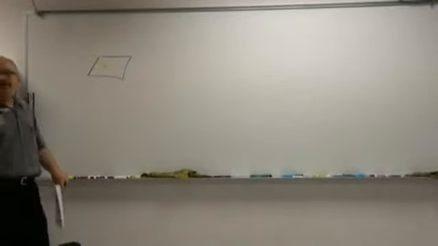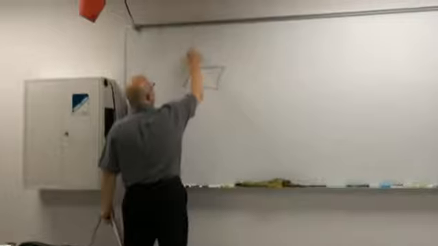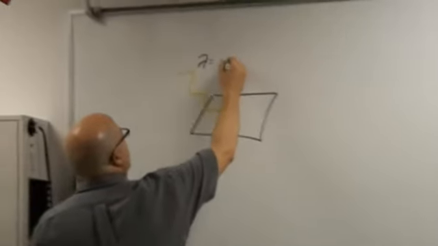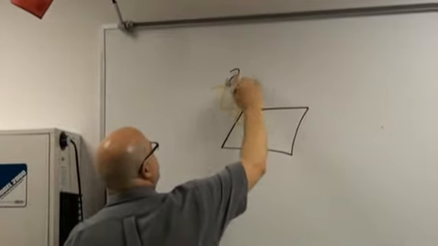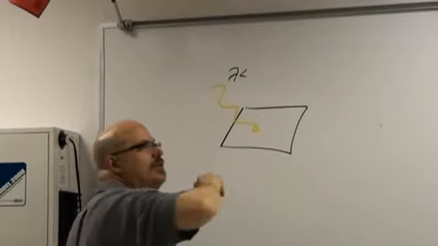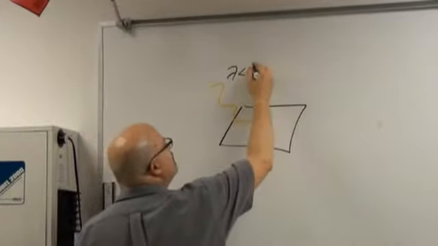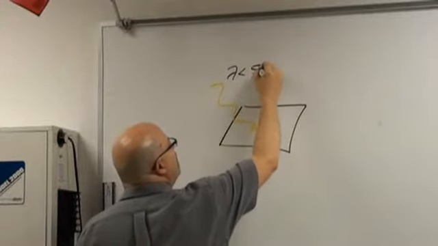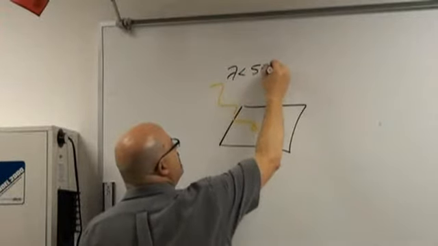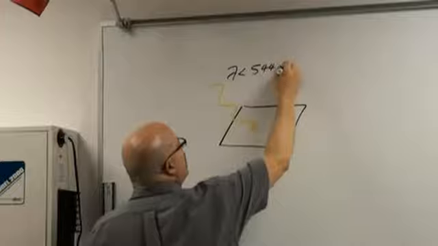Okay, let's say that we've got a surface here, and this surface is insensitive to wavelengths that are less than, let's see, what should we do? 544 nanometers.